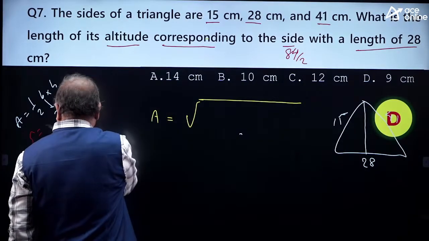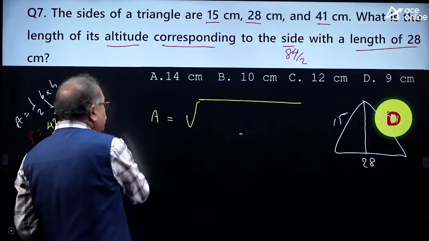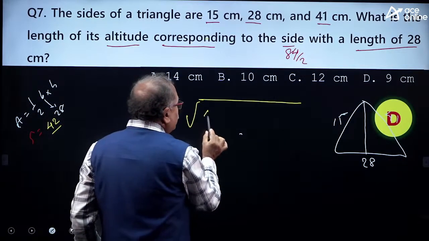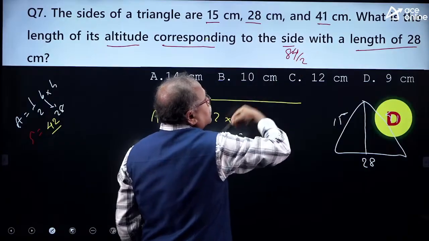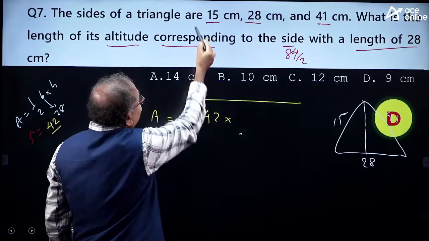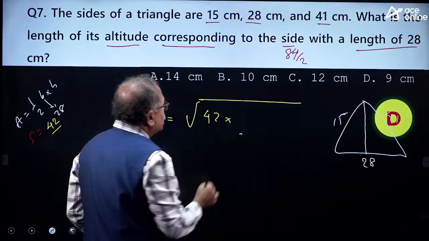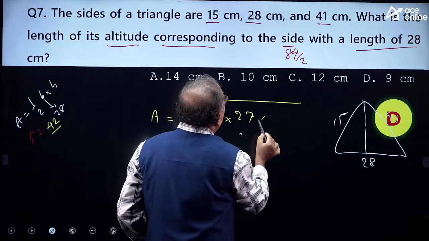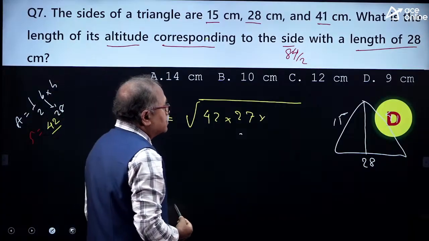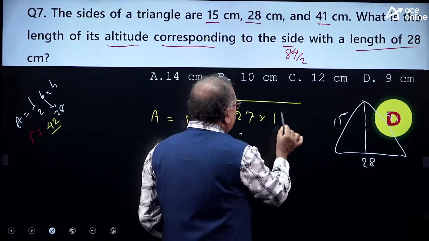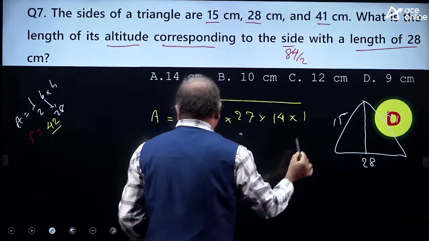S is equal to 42. So what we do is S into S minus A, S minus B, S minus C. So 42 minus 15 comes to 27, 42 minus 28 comes to 14, and 42 minus 41 comes to 1.